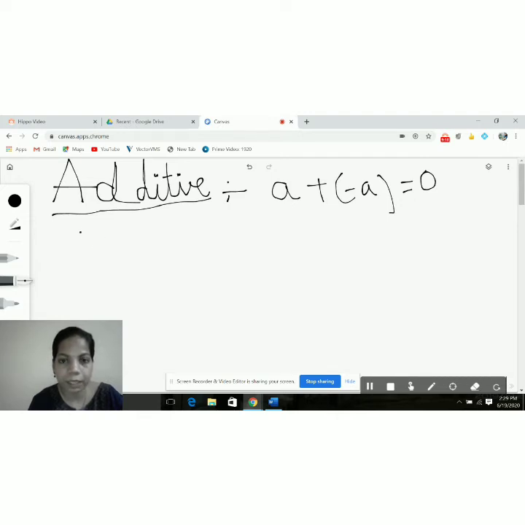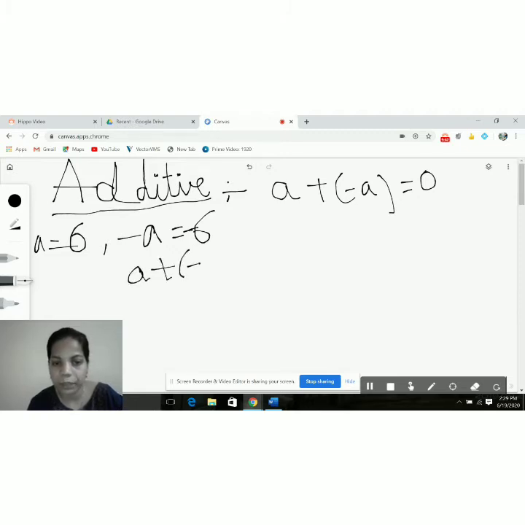So let us take a is equal to 6. Then minus a will be, since a is equal to 6, minus a is equal to minus 6, right? Minus 6. So a plus minus a means 6 plus minus 6.